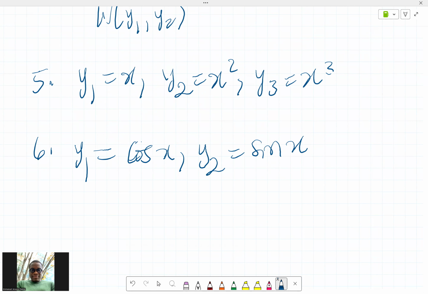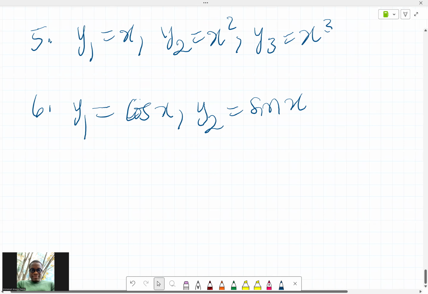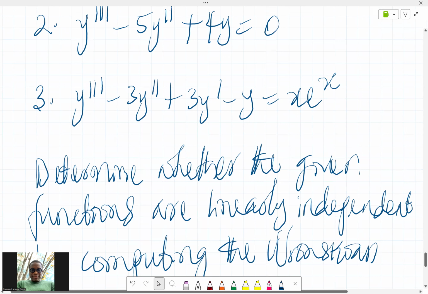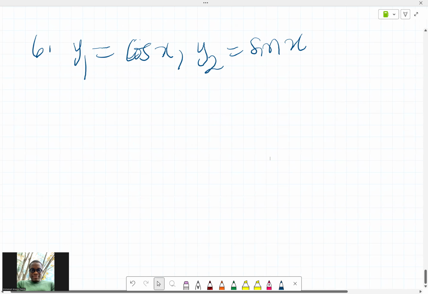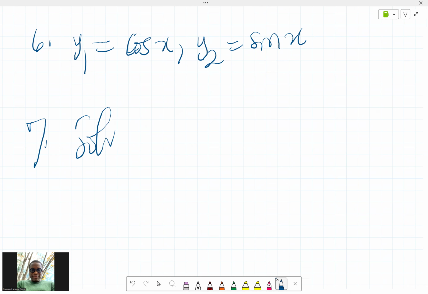Okay, you have that. And then you now have the last one. Let me just put it separately. Question 7, solve y fourth order minus 2y double prime plus y equals 0.